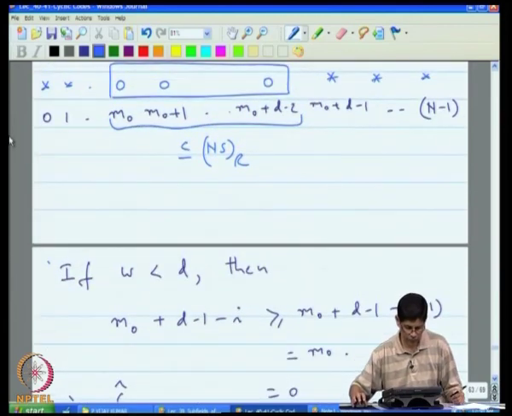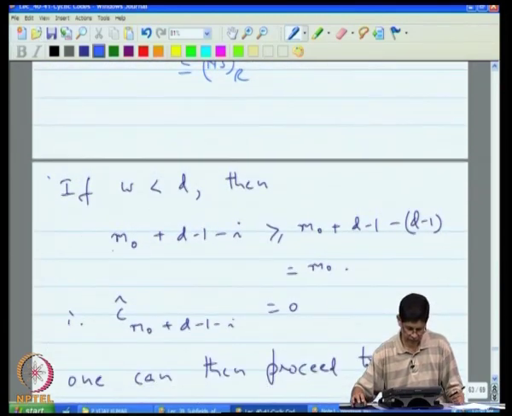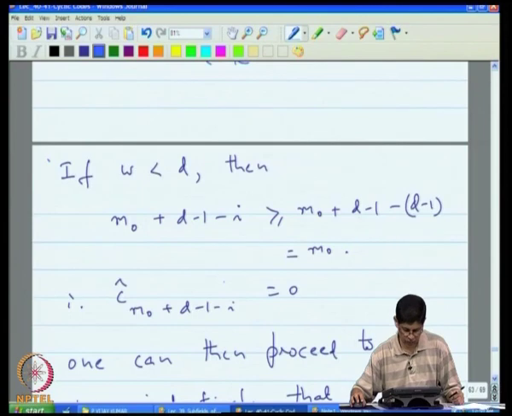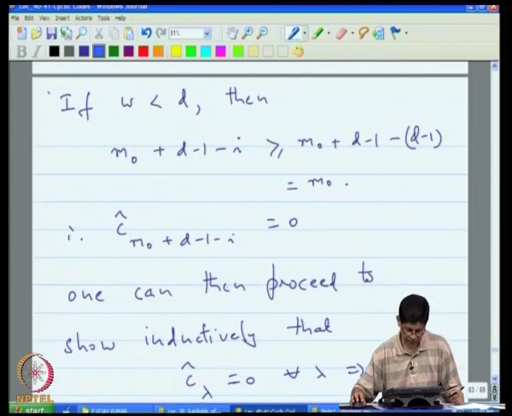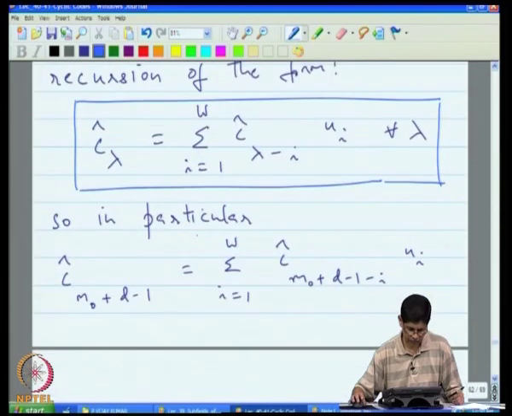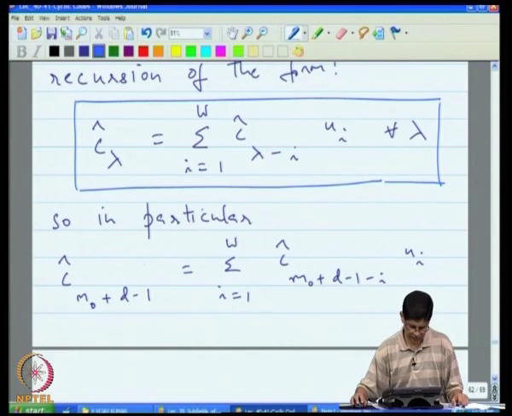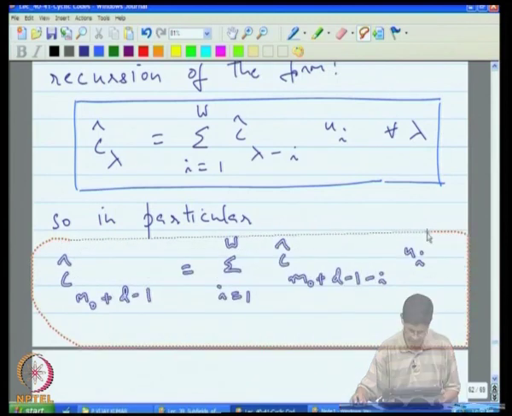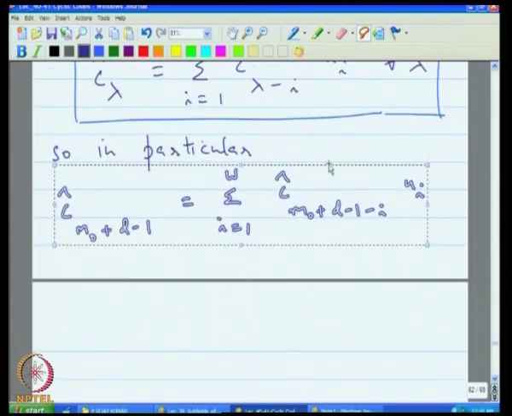But we do know that C hat of m0 plus d minus 1, so if you pick in particular C hat of m0 plus d minus 1, let me pick this relationship and bring it down so that we can talk about it while looking at the figure.